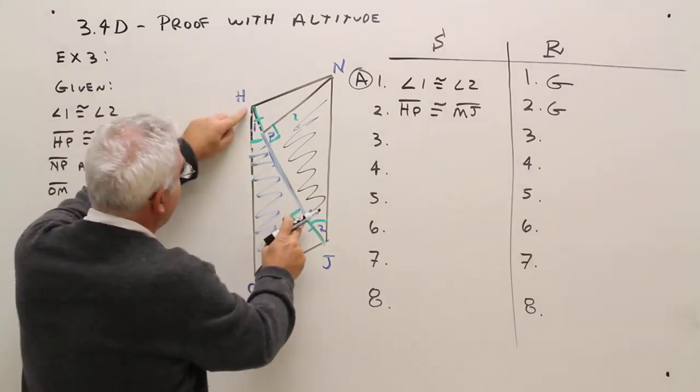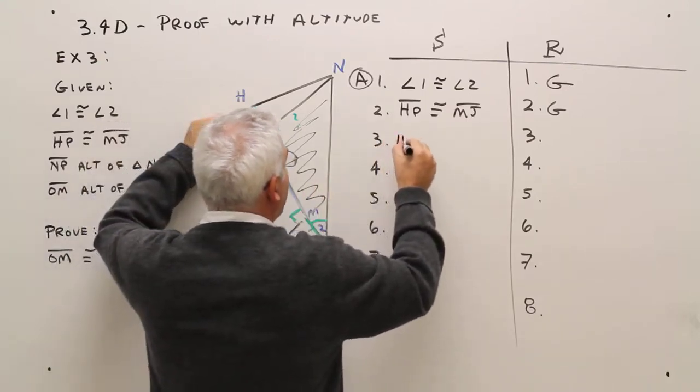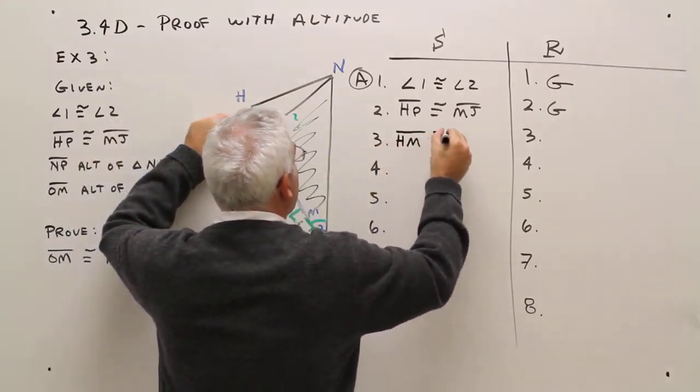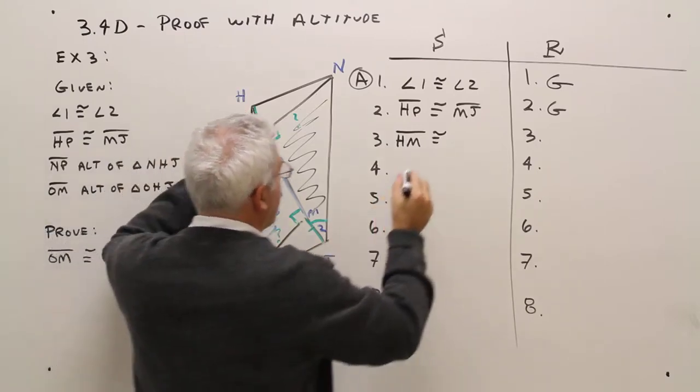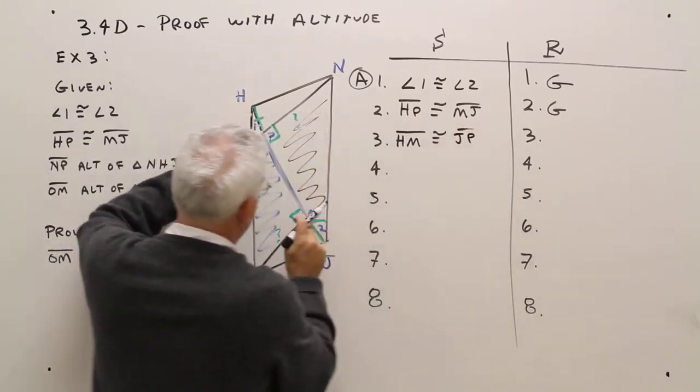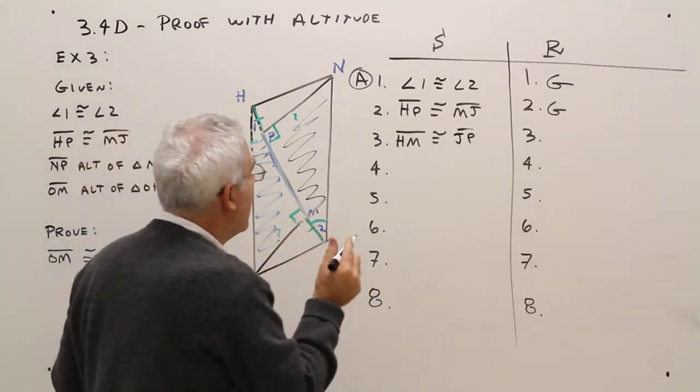Now I'm going to state this. Segment HM is congruent to segment JP. All I did was I added that common segment.